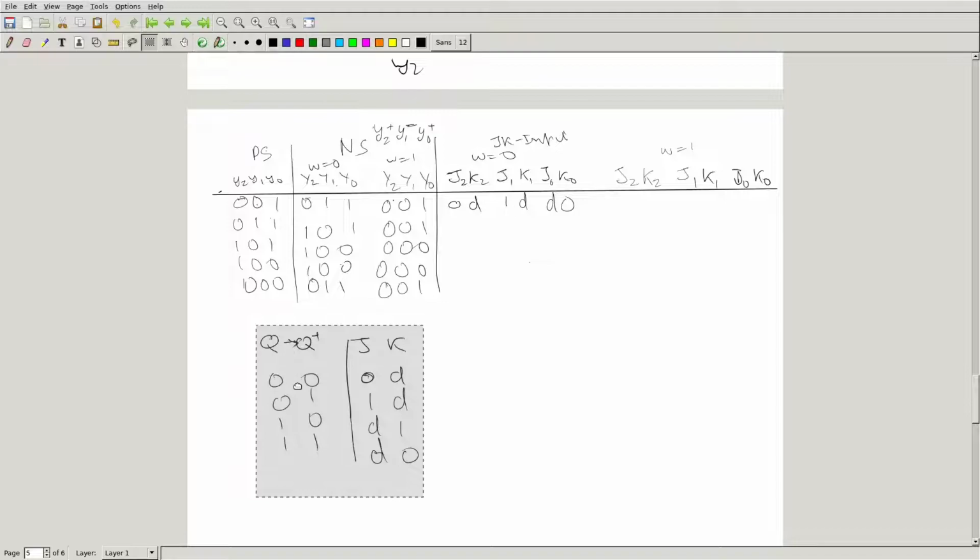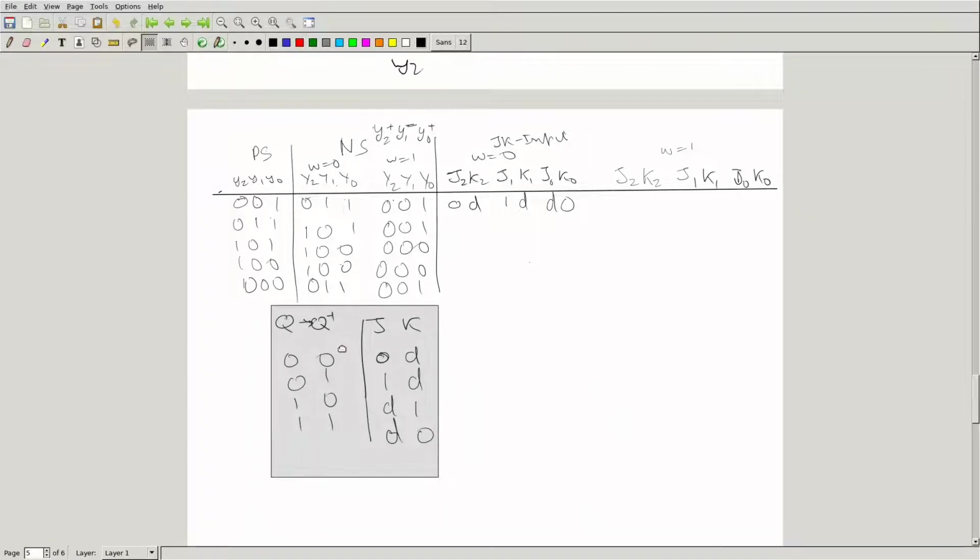So wherever we have Q going to Q next, we enter the right values there.